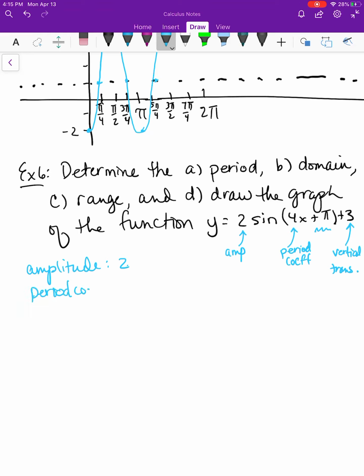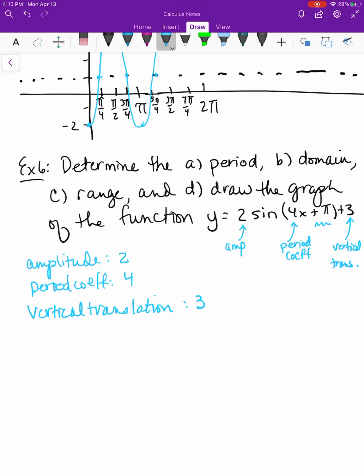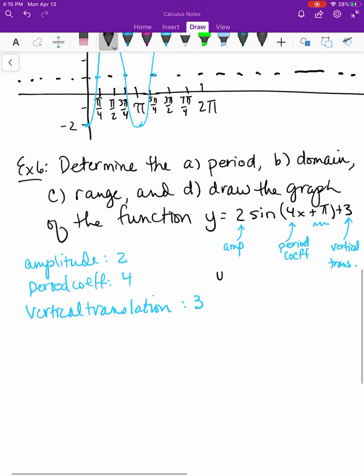So I've got my amplitude is 2. I've got my period coefficient is 4. I've got my vertical translation, which is also your y equals, that is your center line, right?